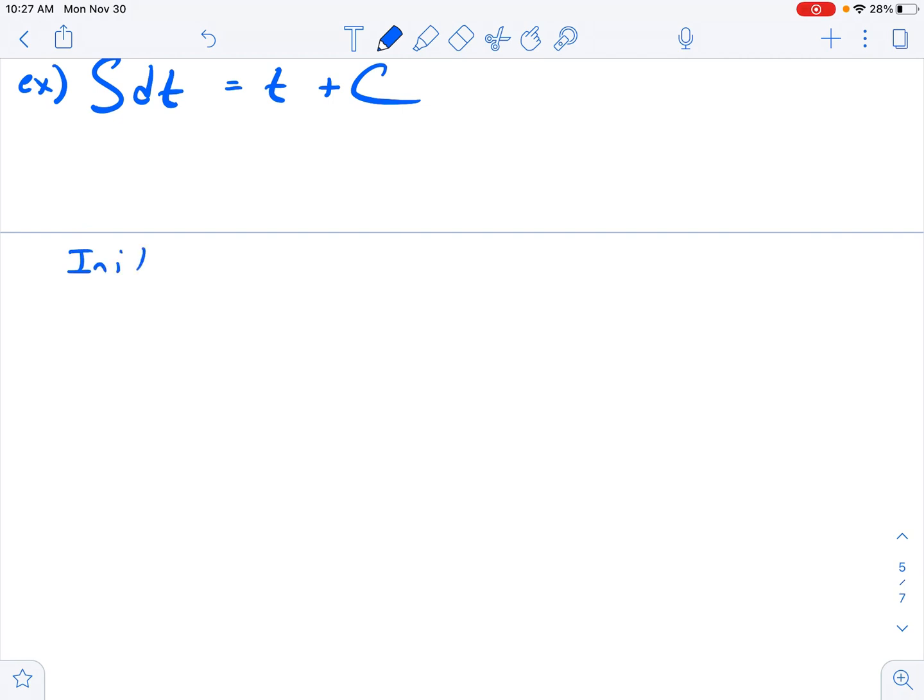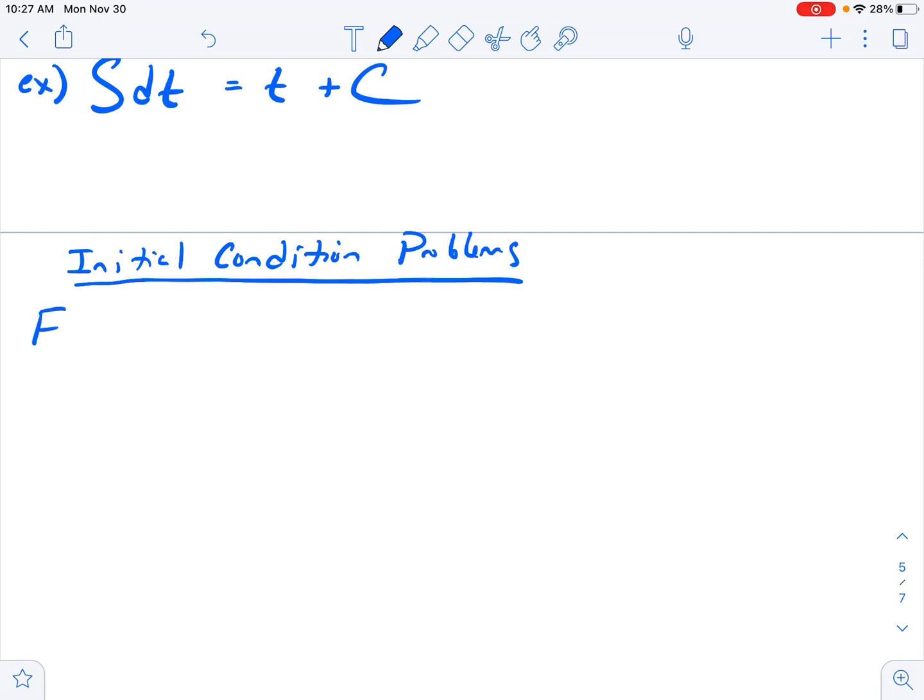Sometimes we do what are known as initial condition problems. And basically what we're going to do is we're going to find the antiderivative. I'll word it like this.